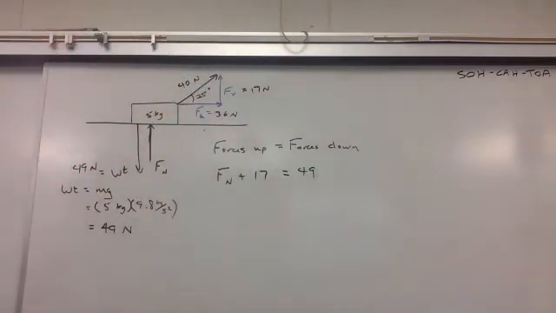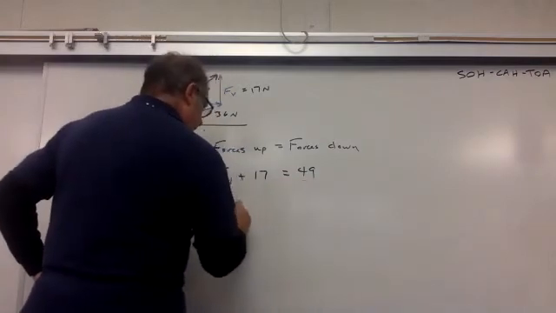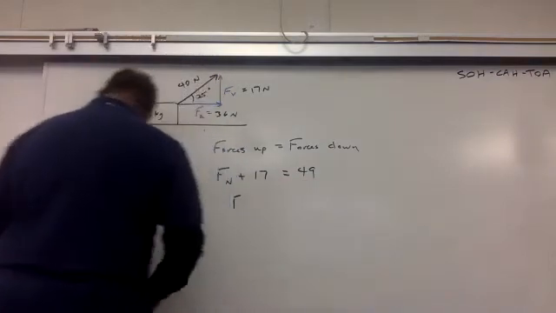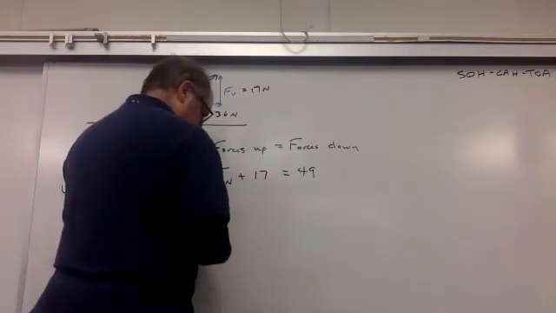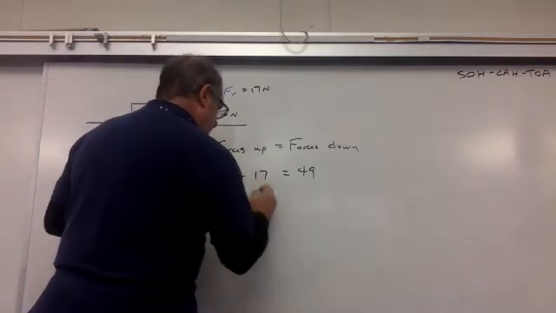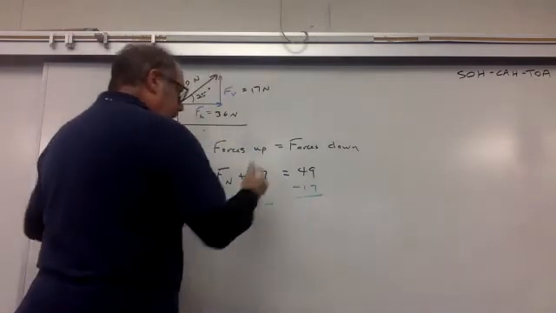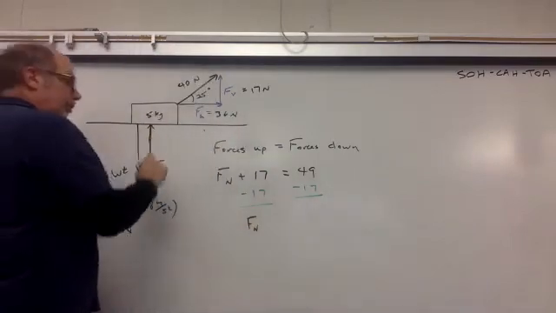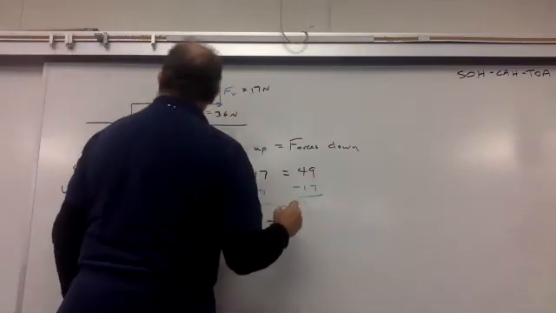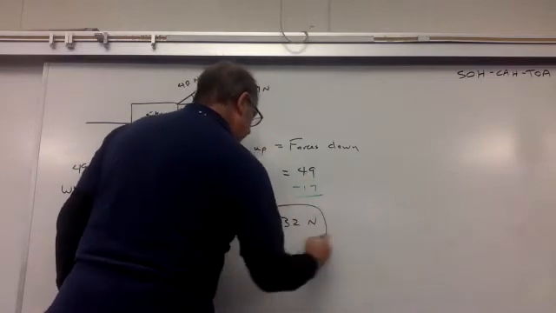By subtracting off the 17, we get the normal force, the force that the table pushes back on the box, which is 32 newtons. There's your answer to that.